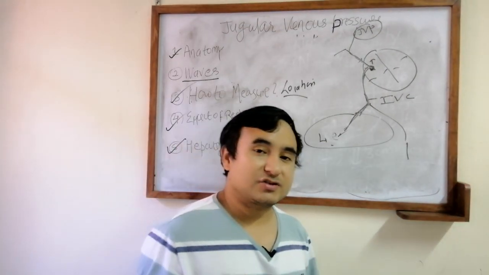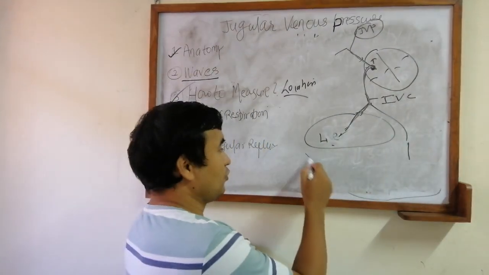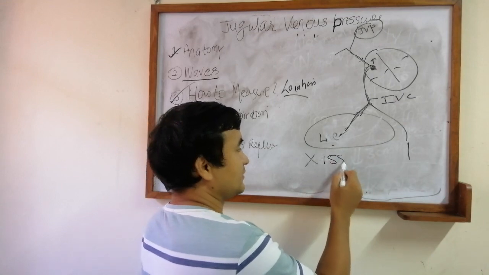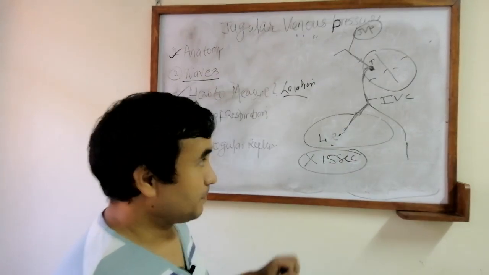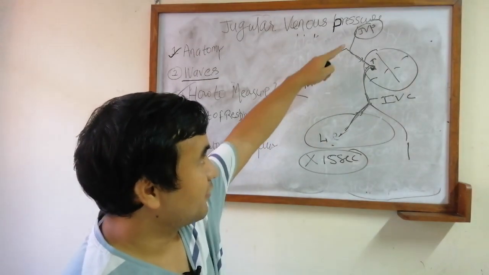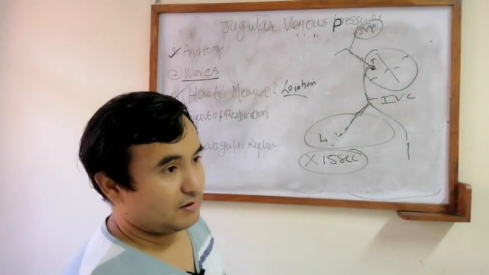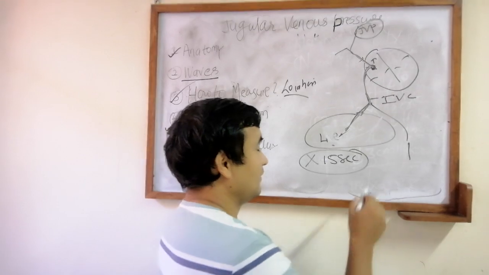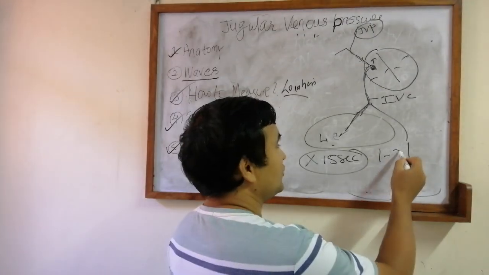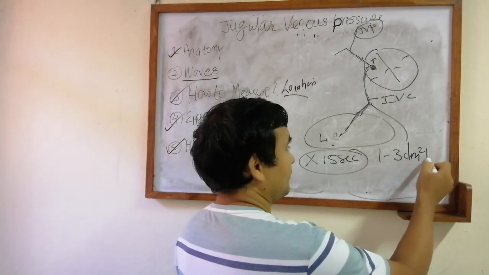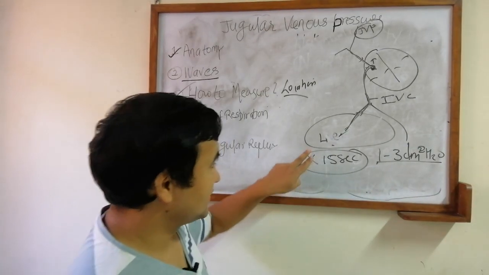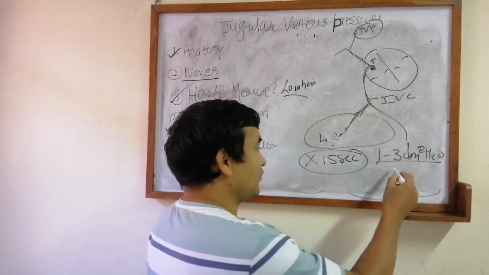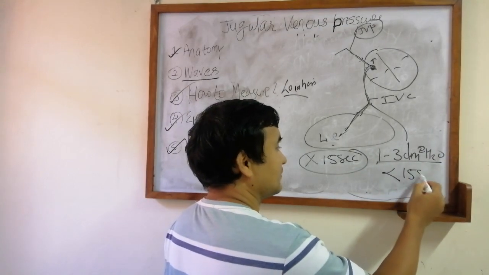When you give sustained pressure for more than 15 seconds, it will cause a rise in JVP by about 1 to 3 cm of water. It is a normal phenomenon, and that is usually for less than 15 seconds.